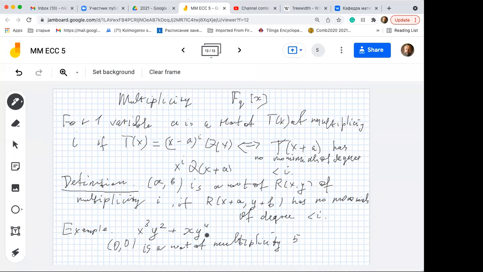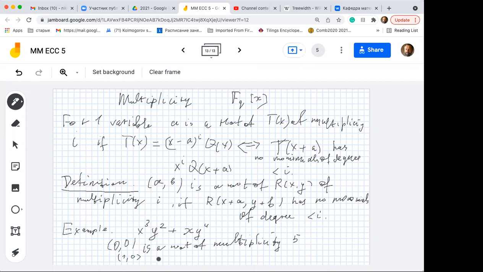On the other hand, if we consider 1, 0, then this is also a root, but this time the multiplicity is smaller.